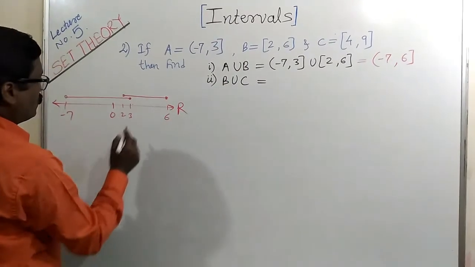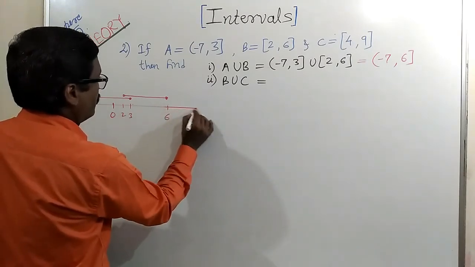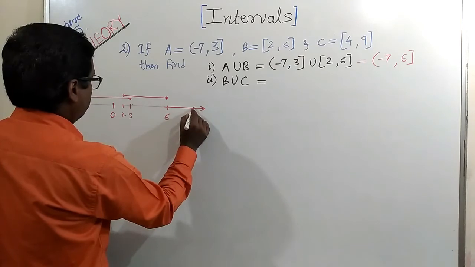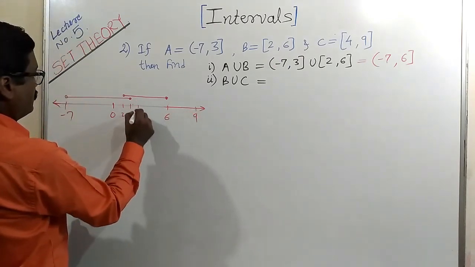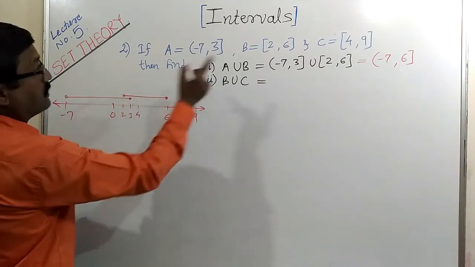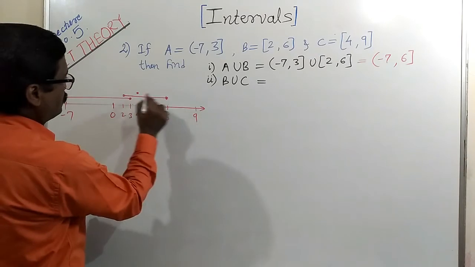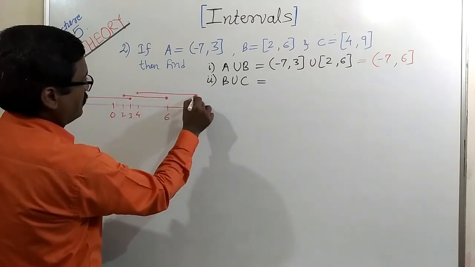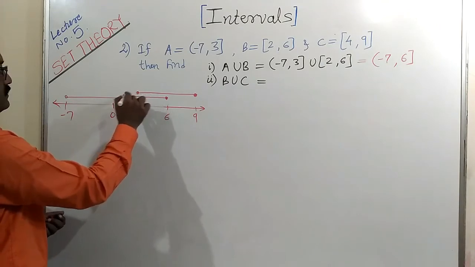Set C is close 4 to close 9. Suppose 9 is here, then 4 is here. Close 4 means solid circle, to solid 9. Okay, this is the third set.